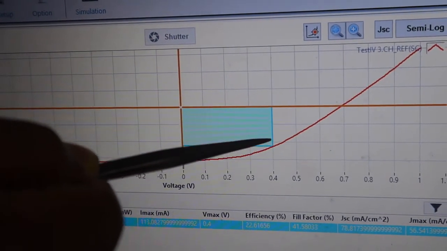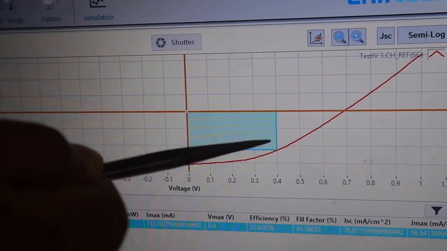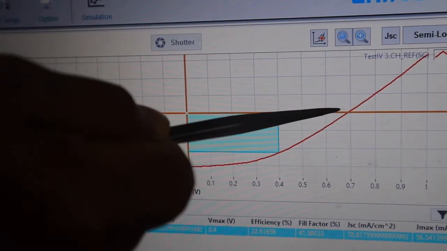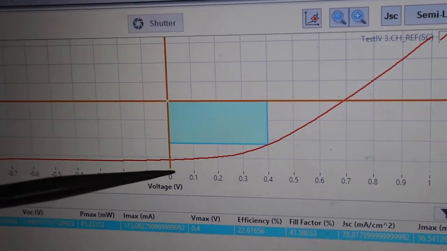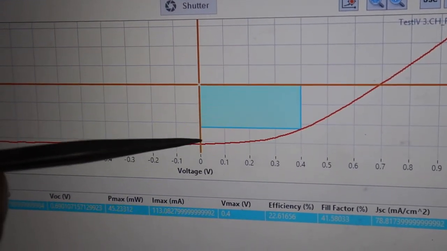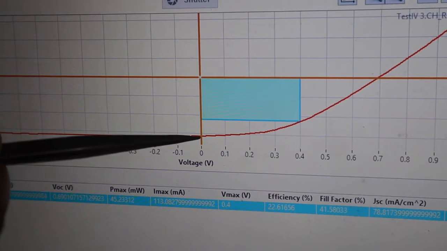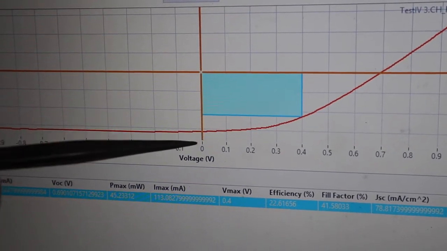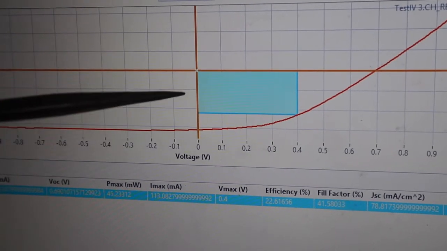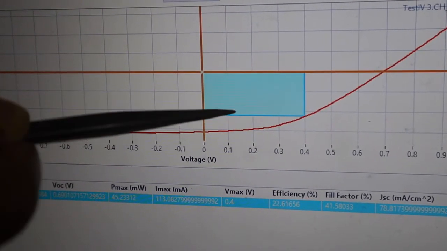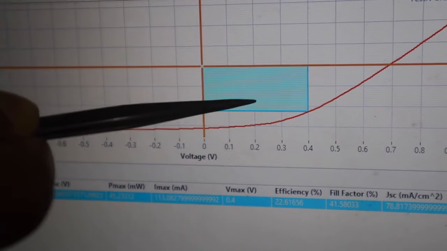So that means the maximum power, and this point basically corresponds to the VOC, open circuit voltage. Similarly, these points show the ISC or JSC, the short circuit current density. So these are the points which you can see from any textbooks, and also my presentation.